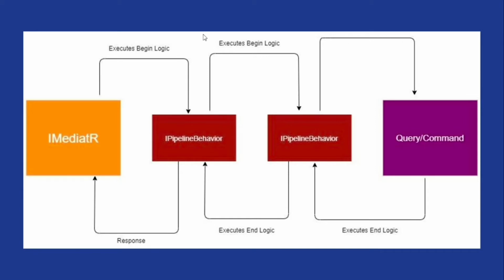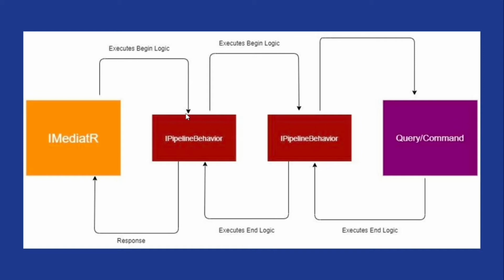See, whenever the IMediator Send method is invoked, what will happen? First, it tries to execute all IPipelineBehaviors. If you have n IPipelineBehaviors, all those n IPipelineBehaviors are going to execute. Initially it executes the begin logic of the IPipelineBehavior interface.